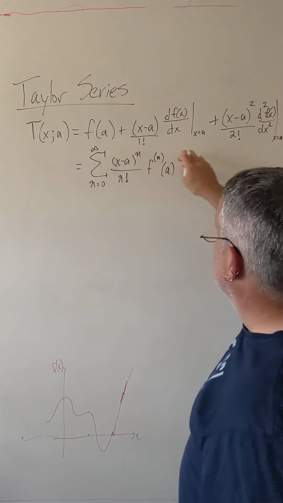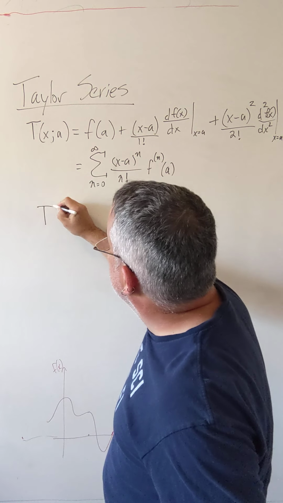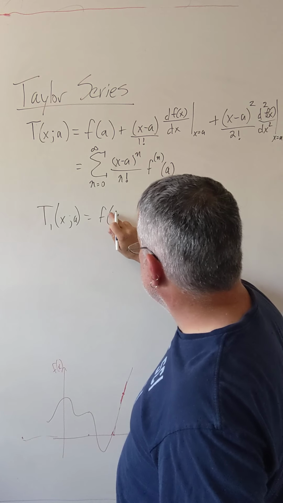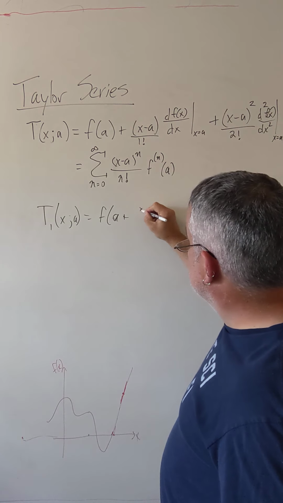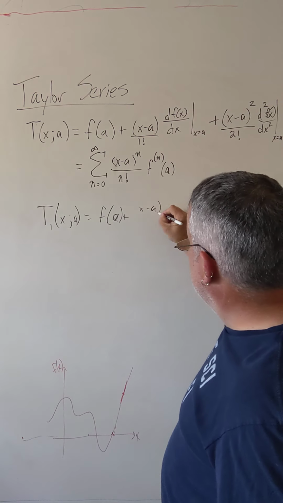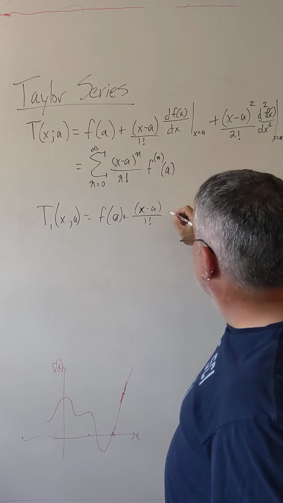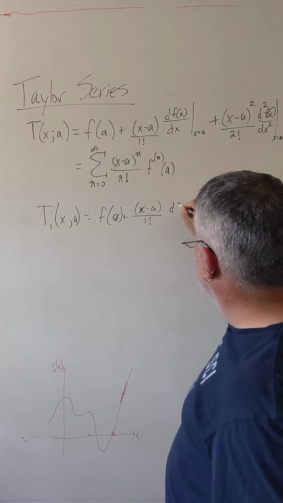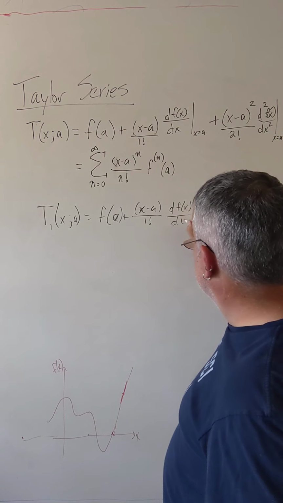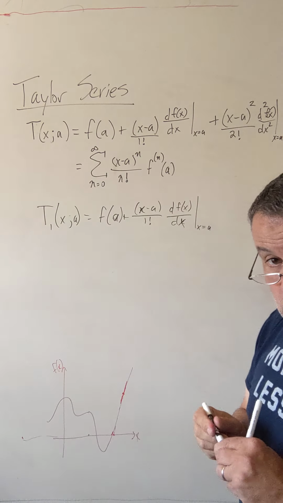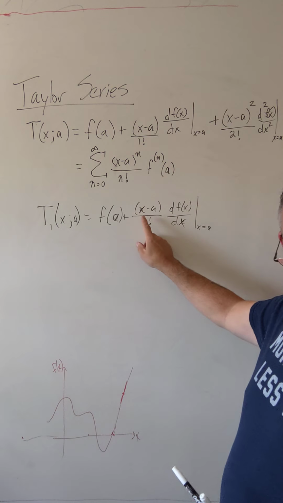Let's call that t1, the truncation at the first term, of x given a, which would just be f of a plus x minus a over 1 factorial, times the first derivative of f of x evaluated at x equals a.